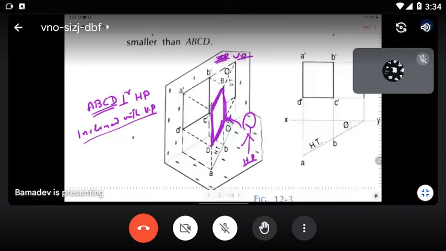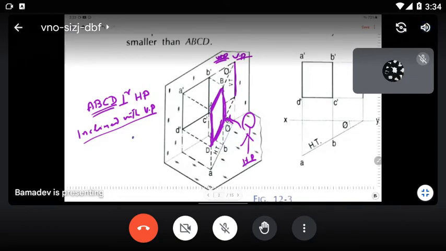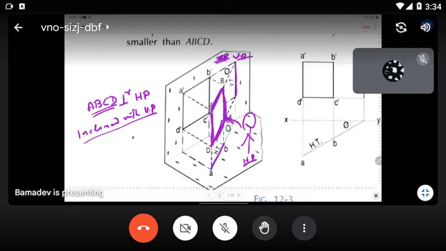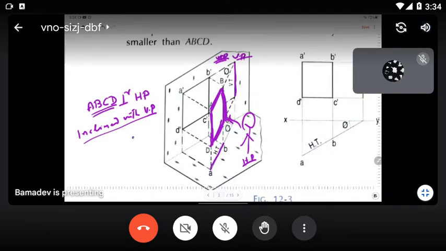Right? So first draw the vertical trace, then the horizontal trace, and draw the projectors from these two traces. So the angle of inclination is shown. You can draw the vertical trace here. For the vertical trace, you have to know this side.